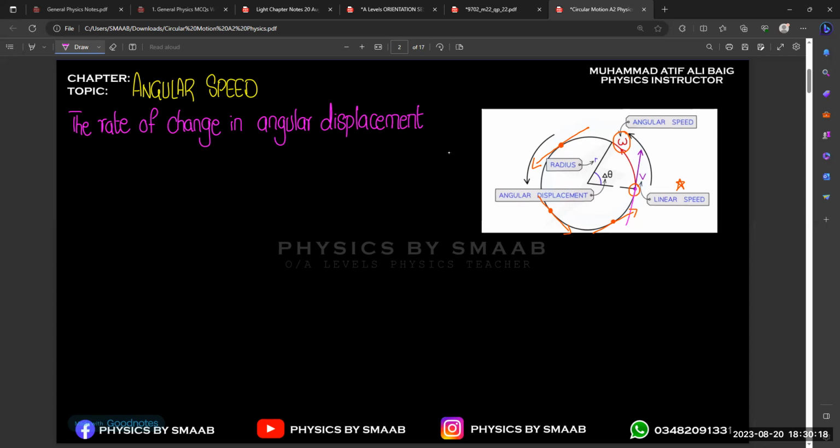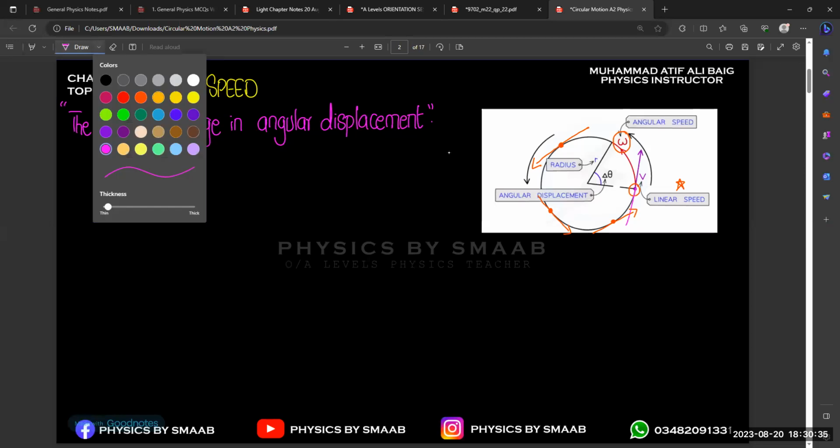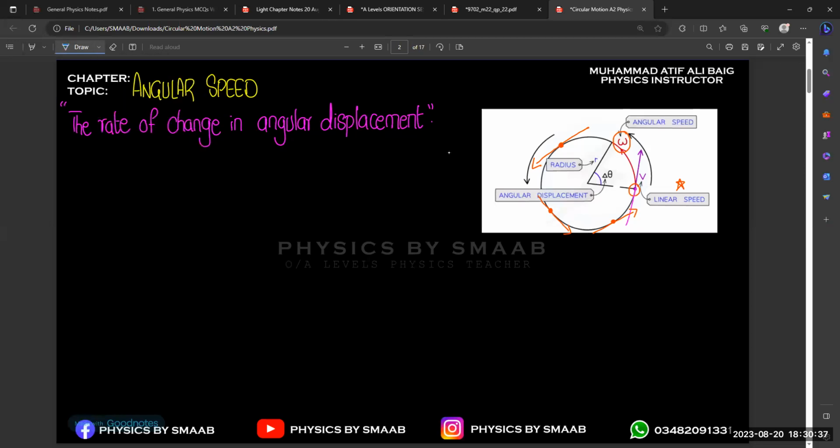Because we already write the word rate, we don't need to write time again and again, because in scientific terms a rate word explains that the quantity is going to be divided by time. Okay. And one more thing, if they ask whether angular speed is a scalar or vector, angular speed is a scalar quantity, right?